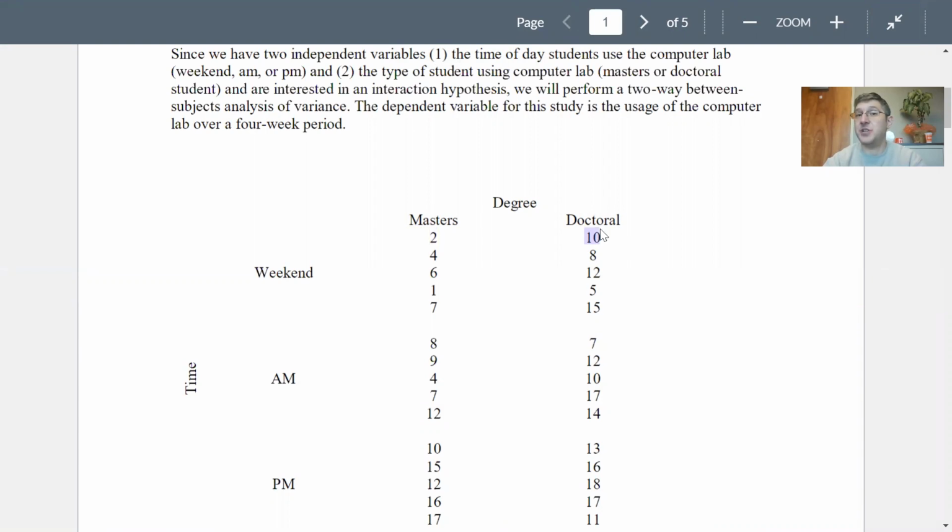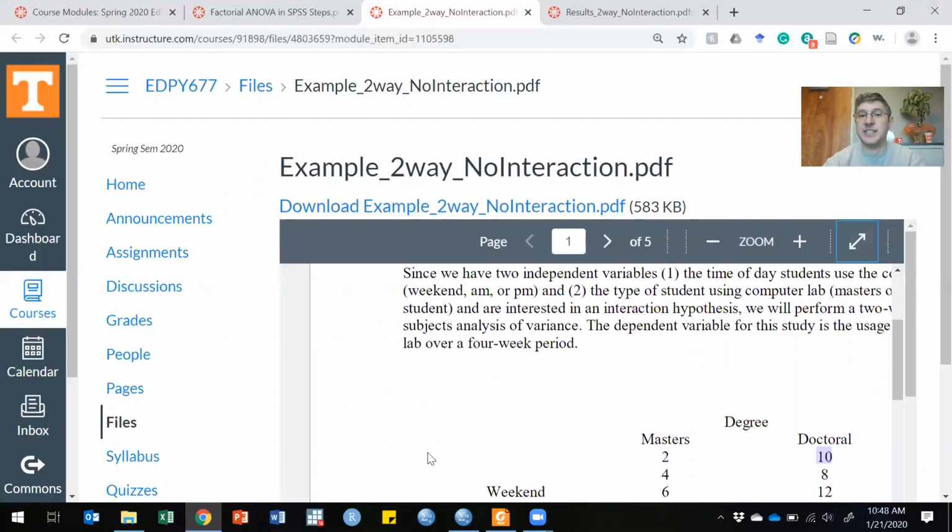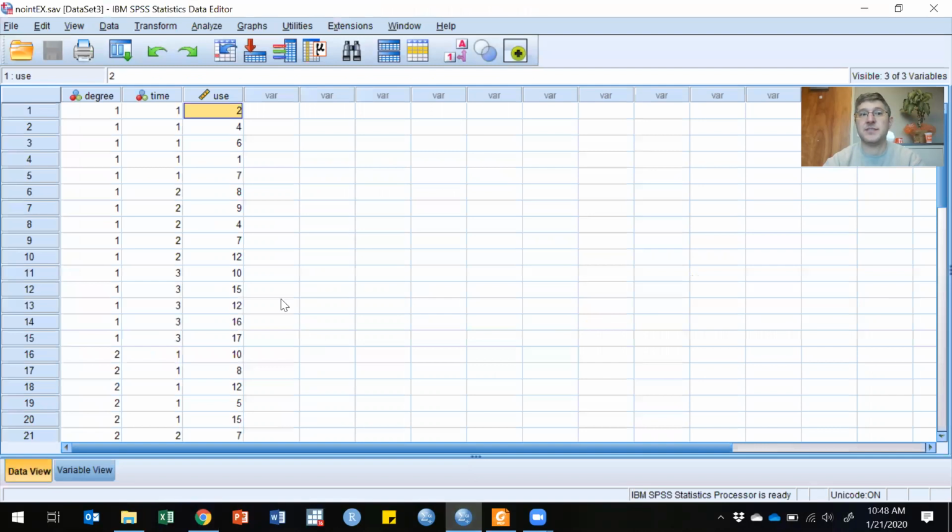They're a doctoral student who used the computer lab on the weekend for 10 hours. So we could see how we would enter that person is going to be right here. Right, so there are doctoral students, or degree type 2, who used it on the weekend, which I labeled time 1, and used it for 10 hours.